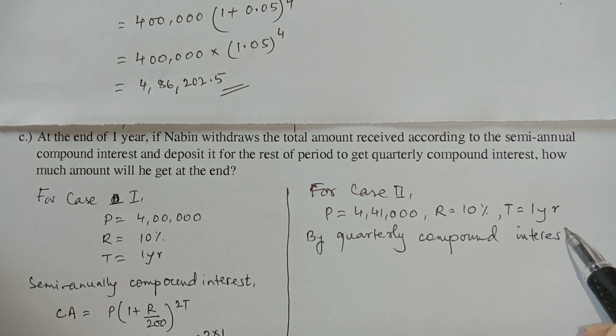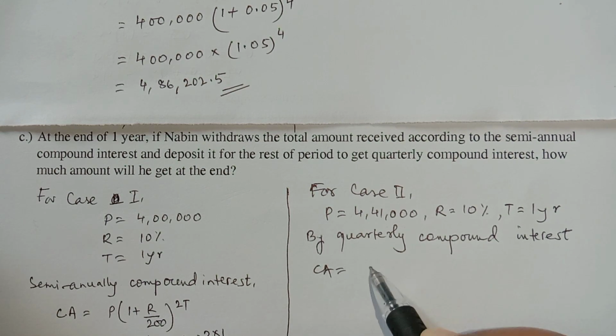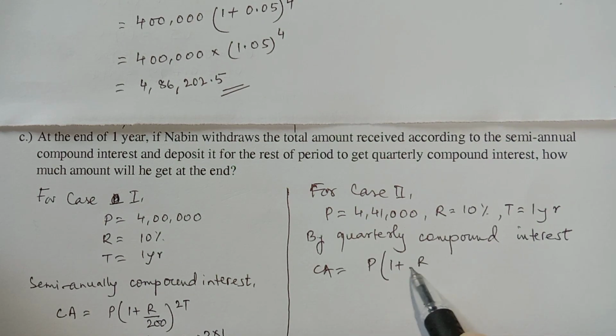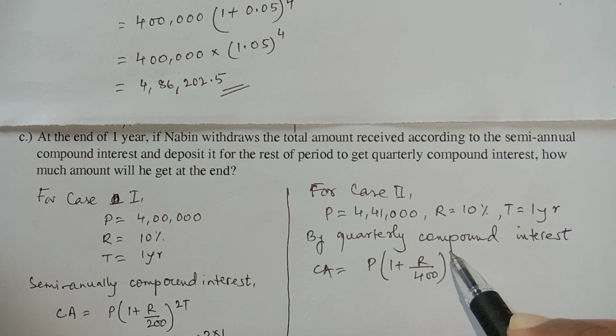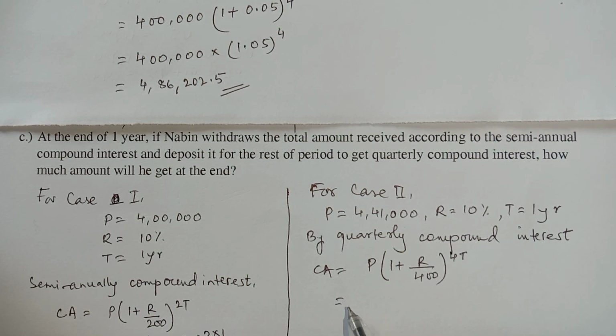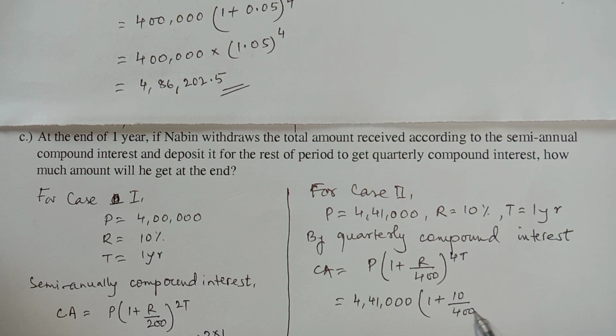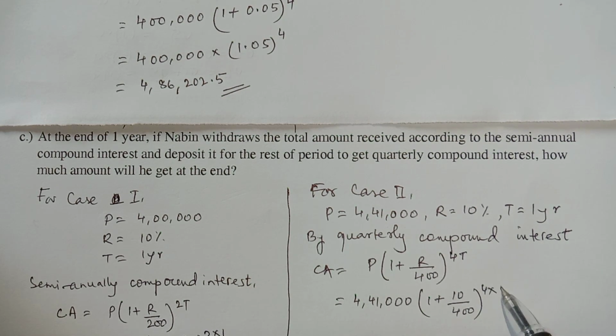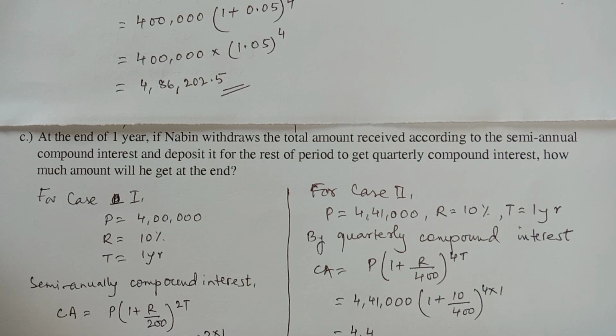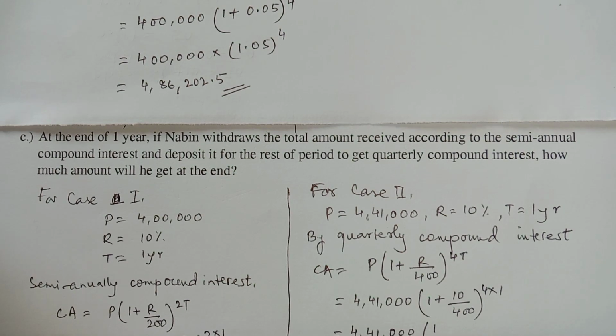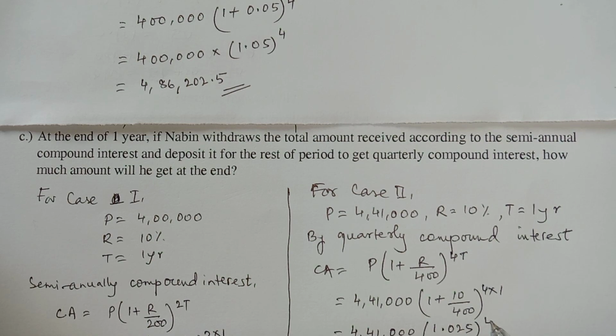The compounded amount will be P times (1 plus R by 400) power 4t. So this will be 441,000 times (1 plus 10 by 400) power 4 into 1. We have 441,000 times 1.025 power 4.